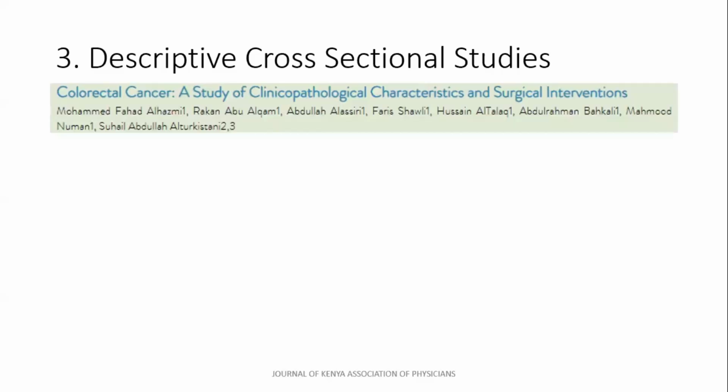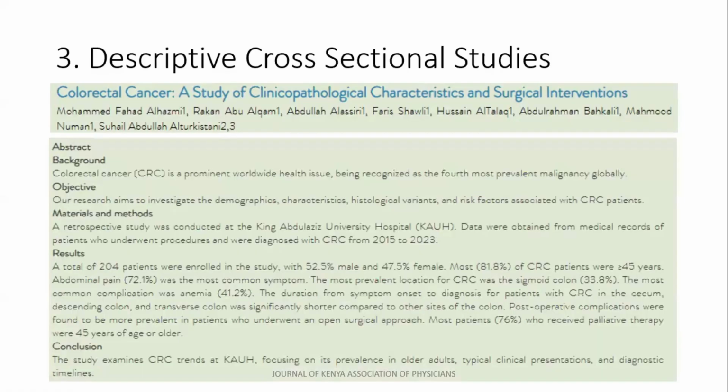So here we have an example from the Annals of African Surgery. It's a study on clinicopathological characteristics and surgical interventions among patients who had colorectal cancer. As you can see, it was a retrospective study done in King Abdulaziz Hospital.